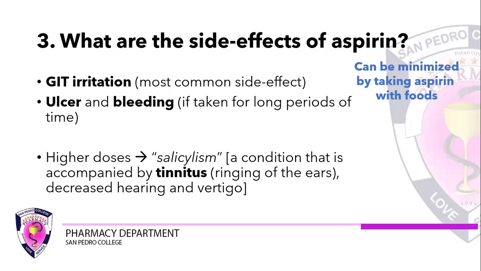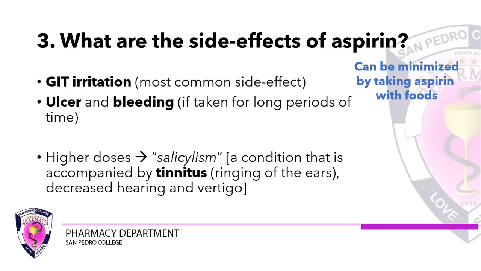So what are the different side effects of aspirin? Aspirin is a non-selective COX inhibitor, so it can inhibit COX-1 and COX-2.